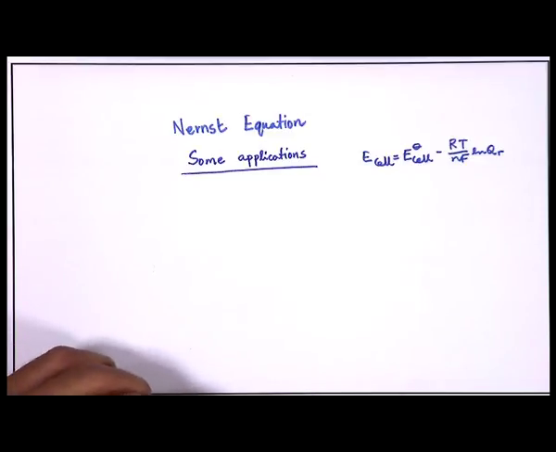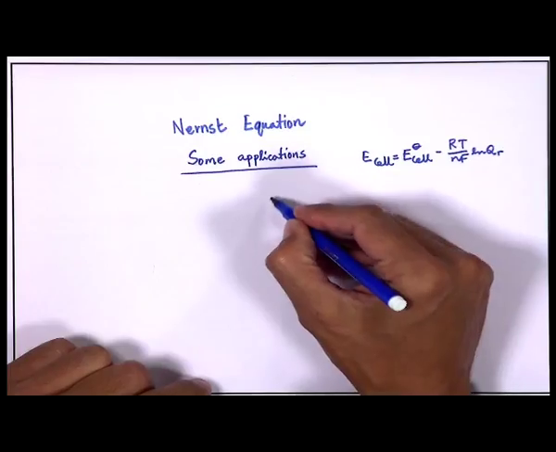Now, let us first have a look at solubility, meaning whether we can find out the solubility and solubility product of a sparingly soluble salt like silver chloride.